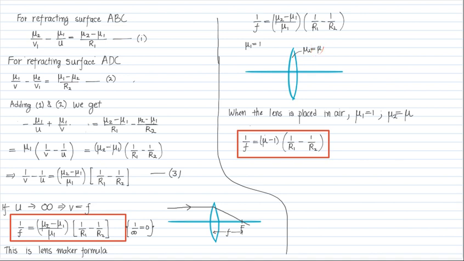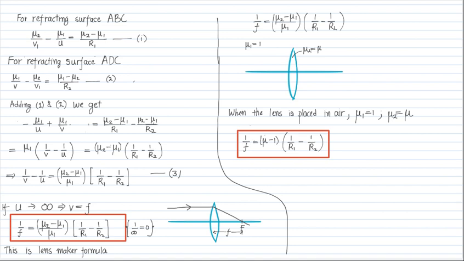In that case, the lens maker formula can be written as 1 by f equals (mu minus 1) times (1 by r1 minus 1 by r2). So these are the three equations, first, second and third, which we derived in our last class.